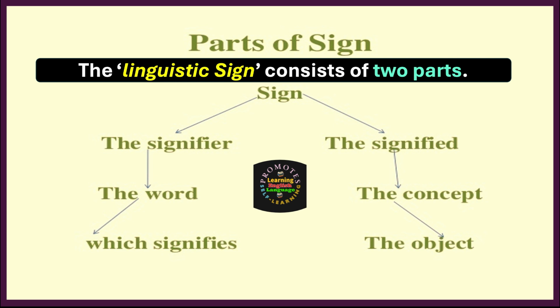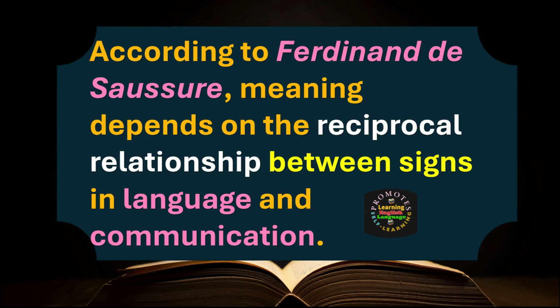This is basically the fundamental idea behind the concept of the linguistic sign. So the linguistic sign is based on the relationship between signifier and signified. According to Ferdinand de Saussure, meaning depends on the reciprocal relationship between signs in language and communication.